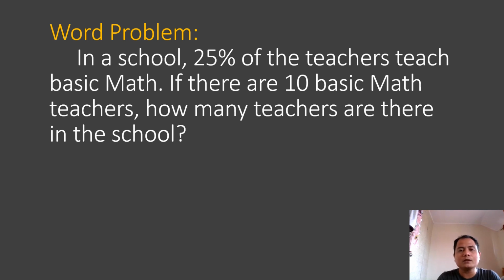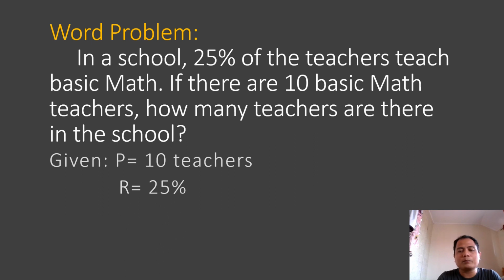So our given 10 is just the percentage, or fraction, of the teachers from the school, and 25% is the rate. 25% in decimal form is 0.25. So we're looking for the base.